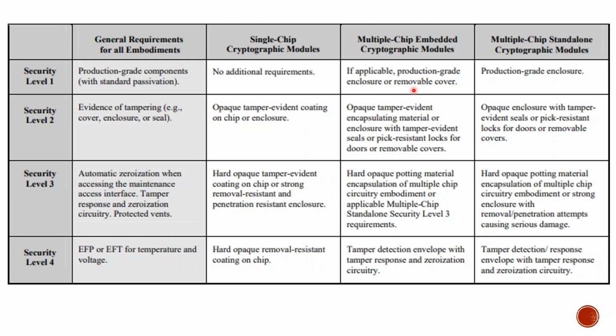The multiple chip standalone system at level 1 is basically the same as the previous one, but it has a hard plastic production grade enclosure which may have doors or removable covers, and no additional security features are required.